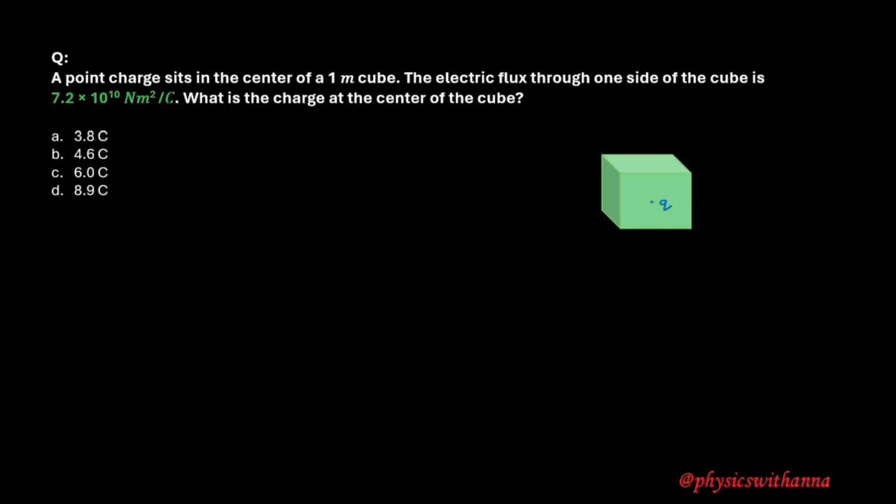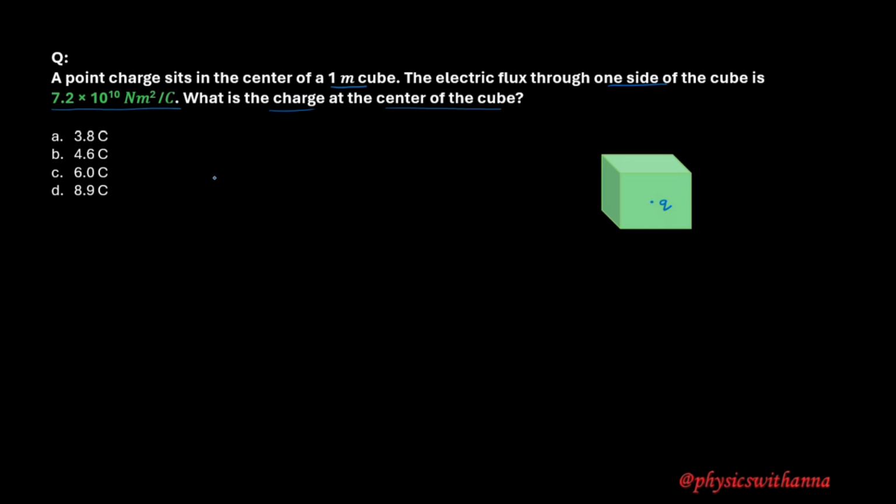Next question. A point charge sits in the center of a 1 meter cube. Flux through one side of the cube is 7.2 times 10 to the power 10 Newton meter squared per coulomb. What is the charge at the center of the cube?